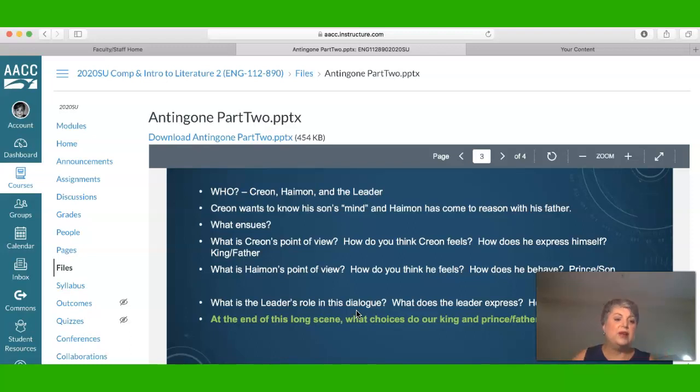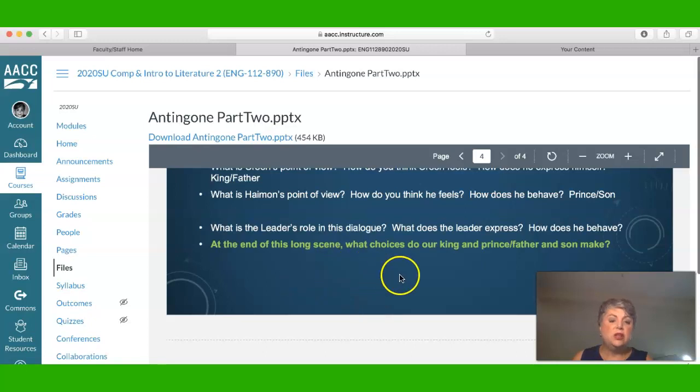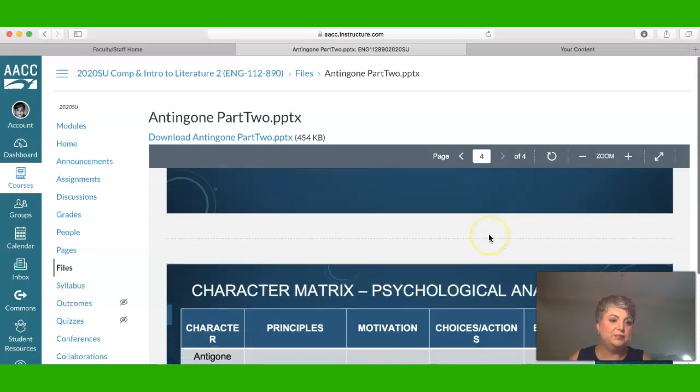But the leader is present, and we're aware of the leader's presence. Sometimes the leader will comment on the action. At the end of this long scene between Haman and Creon, what choices does our king make? What choices does Haman, the prince, make?